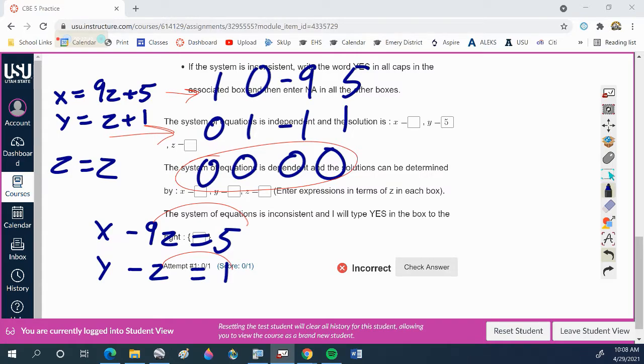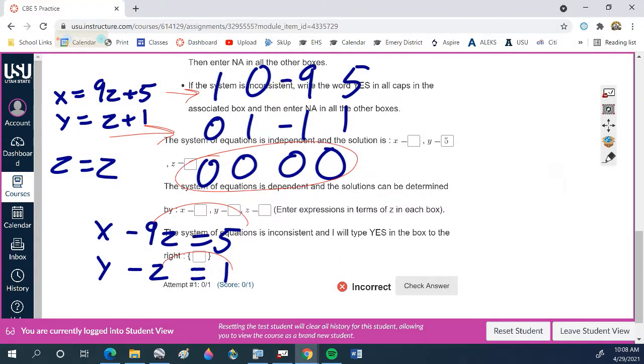The suspense is killing. Yeah, the top equation, 1x plus no y's minus 9z's is equal to 5. Okay. Oh, that's good to know. So you got to put NA in the rest of the boxes. Ugh. Yep, it sounds like it.